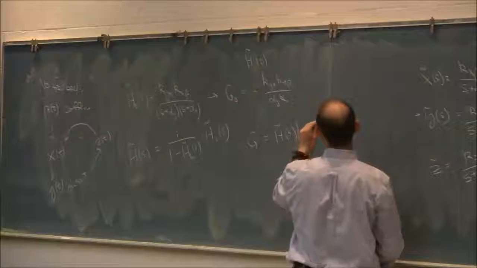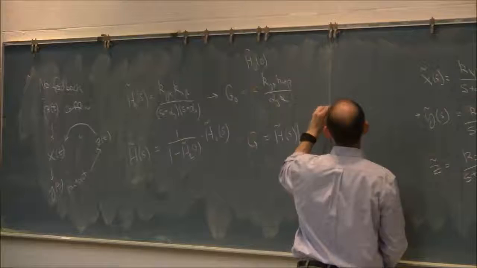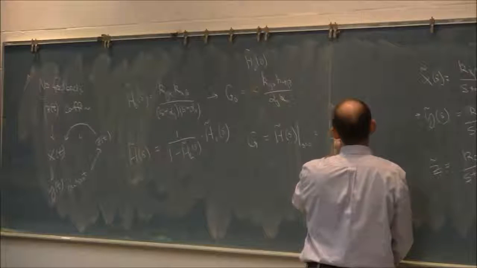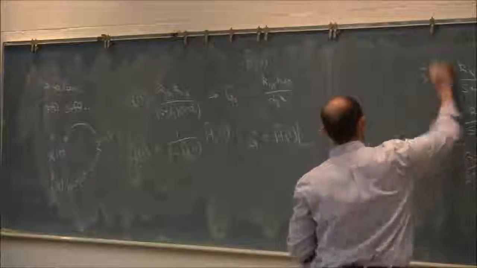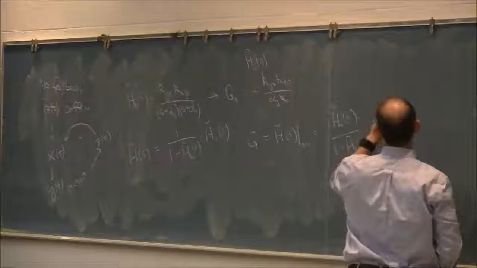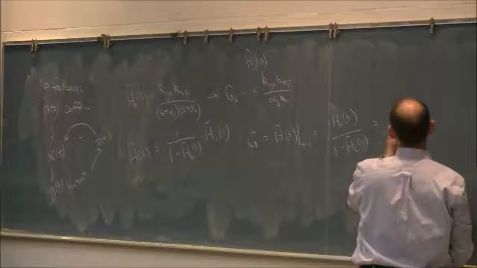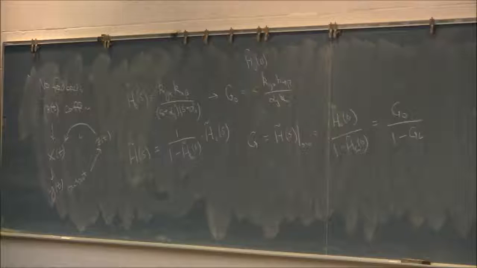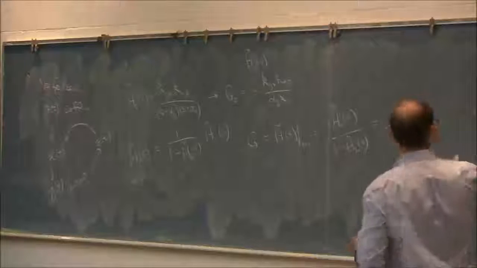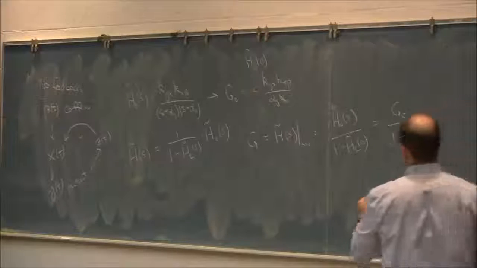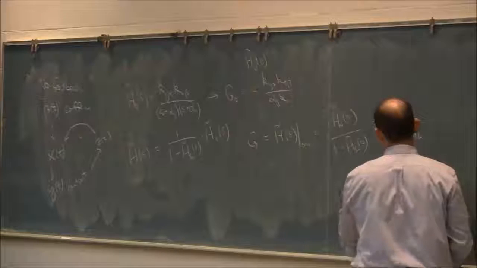It's equal to H0 of 0 divided by 1 minus H_loop of 0. And then we could write this as the gain without feedback divided by 1 minus the feedback gain through the loop. And the feedback gain through the loop, remember the loop is just a 3-step cascade, so we can just write it down.